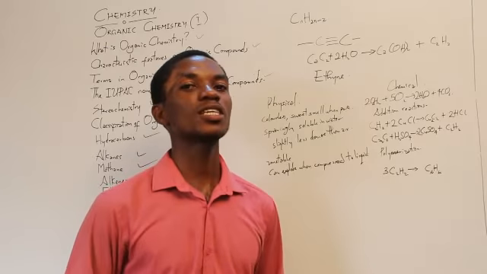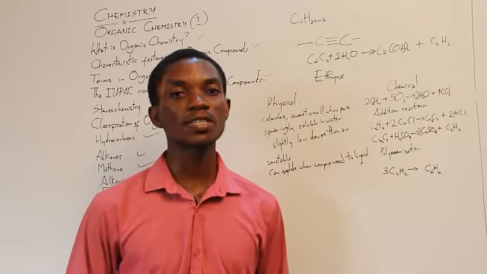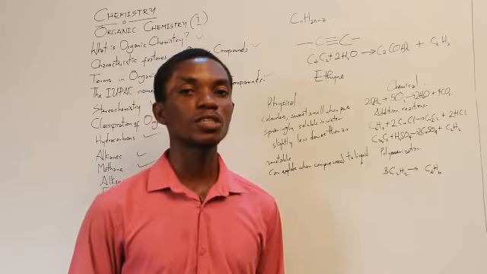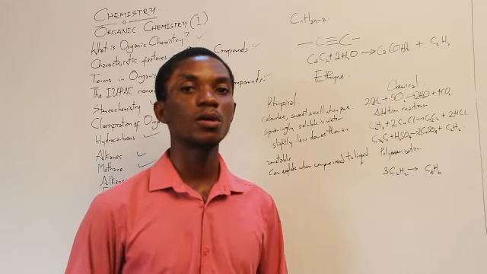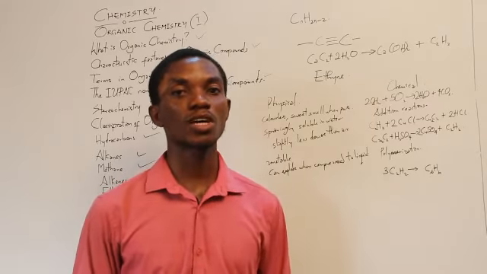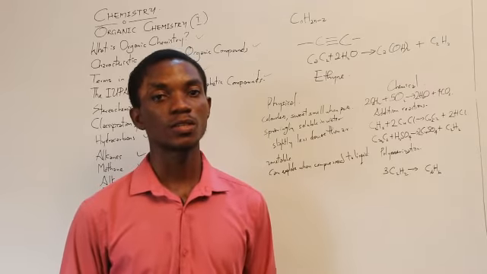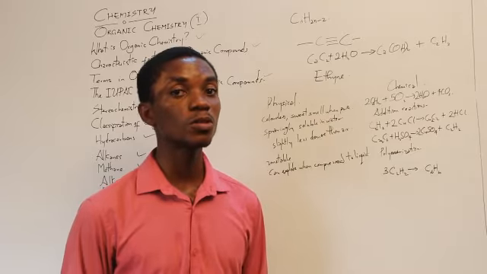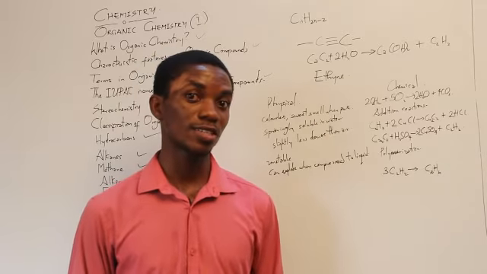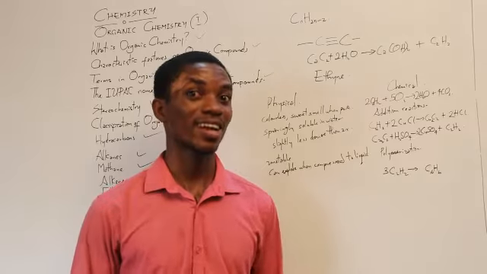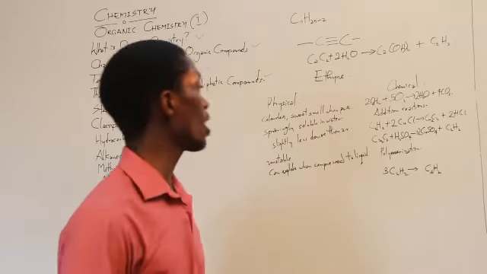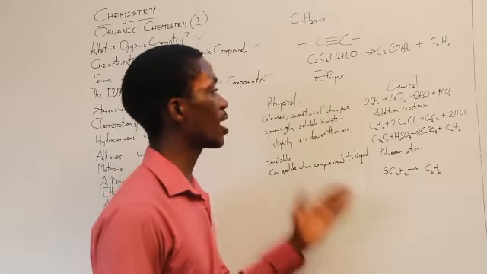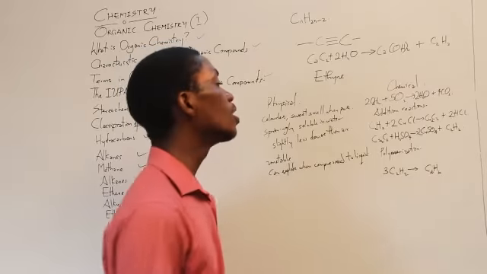The same thing happens when you pass it through potassium tetraoxomanganate 7. It will also become colorless. Another miracle. So let's look at other reactions this interesting compound undergoes.